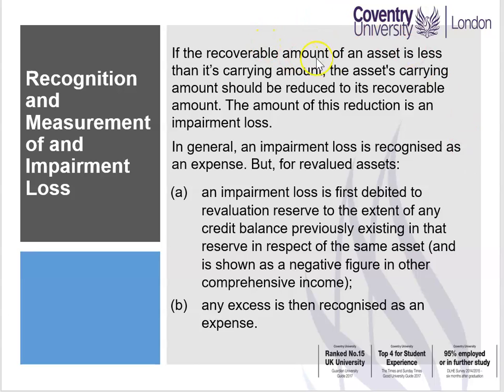So if the recoverable amount of an asset is less than its carrying value, then of course that asset is impaired. The carrying amount should then be reduced to its recoverable amount. The amount of this reduction is what we call impairment loss.